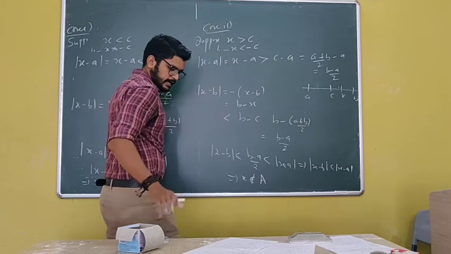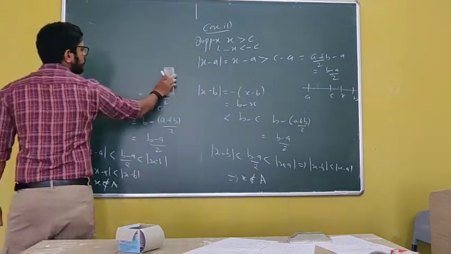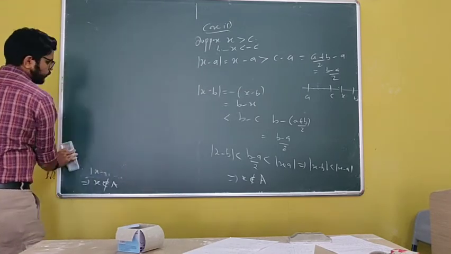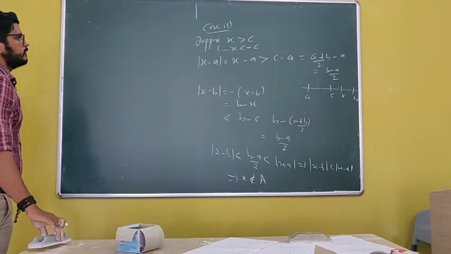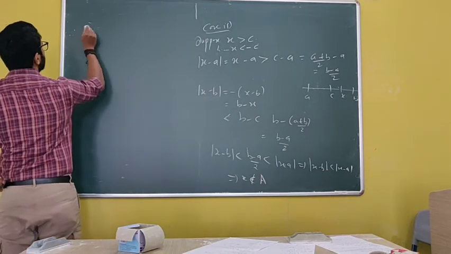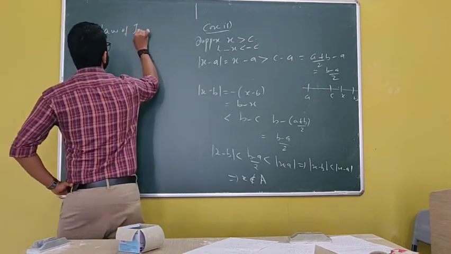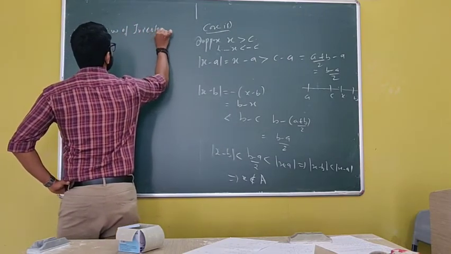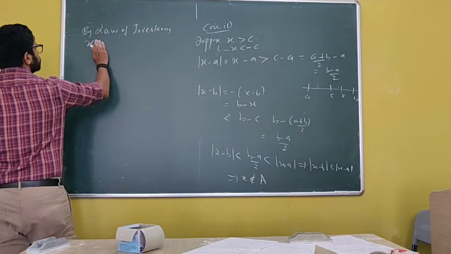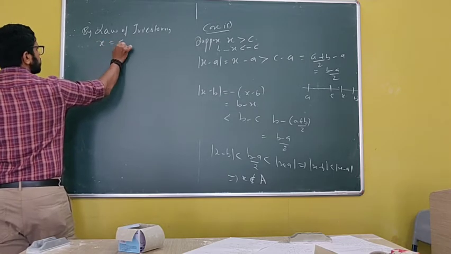Case 2, right? So what should happen? By the law of dichotomy, I've taken x belonging to A, right? Therefore x has to be equal to c.